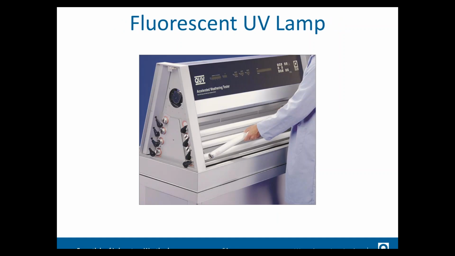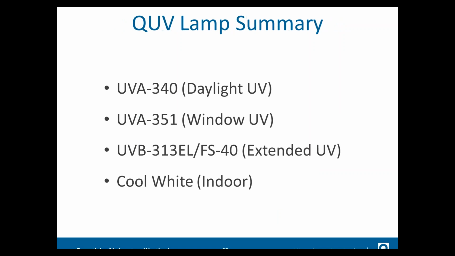So here's what a fluorescent UV lamp looks like, just like the ones that have been installed in offices for a while. But these ones are specially made so that they have spectrums that simulate the UV portion of sunlight. So there are 4 types of lamps that are used. The first one is a UVA 340, which means that its peak is centered around 340 nanometers. And that is designed to simulate daylight, direct exposure, noon summer sunlight.